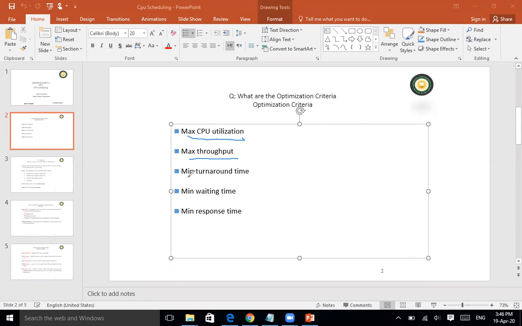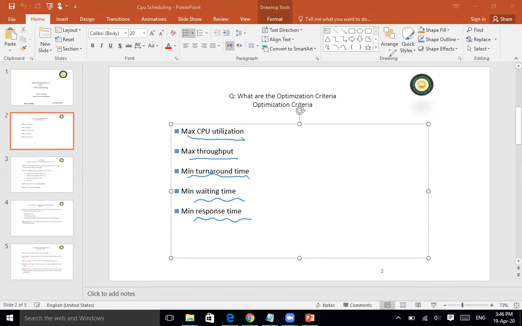We want to minimize turnaround time and also the waiting time, how much the process is waiting. Plus, we also want to minimize the response time, meaning the time between sending the request and the response coming back.